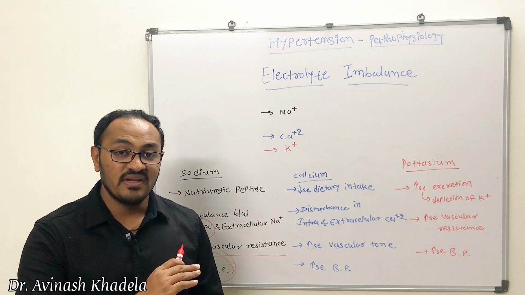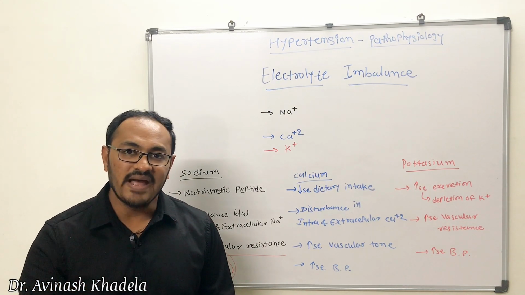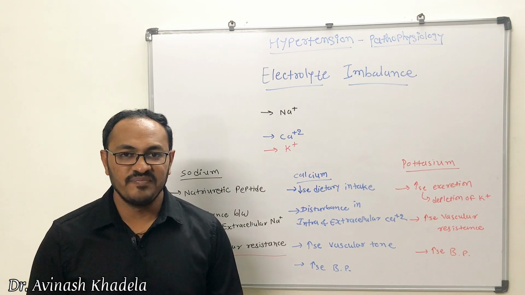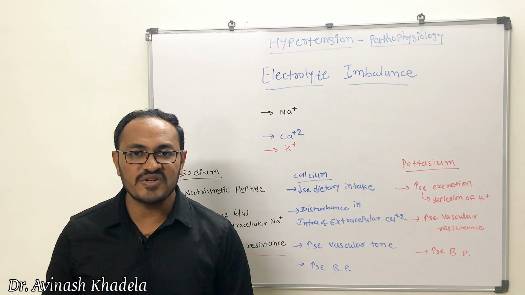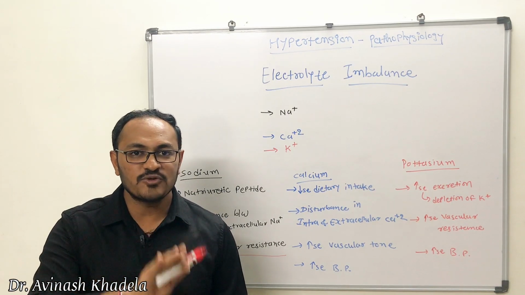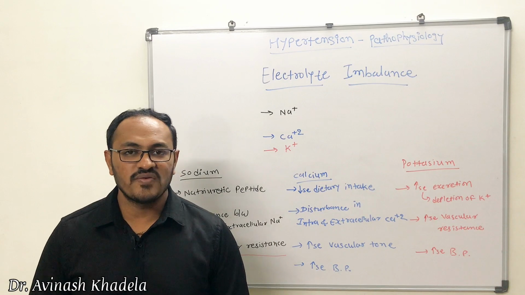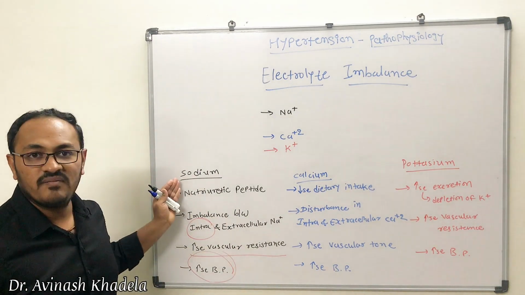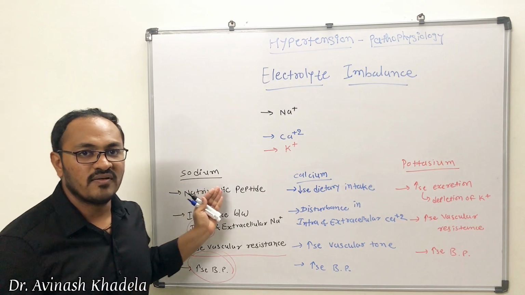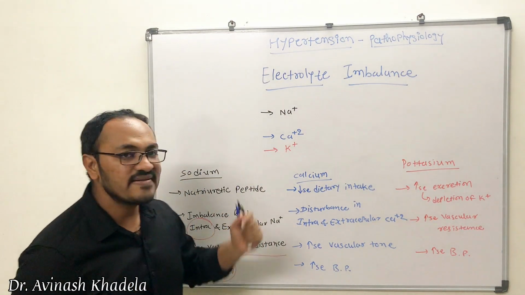Because of this, restriction of sodium in the diet is recommended by many cardiologists to control blood pressure. It does not reduce blood pressure significantly, but it reduces it at a minor level. For example, blood pressure goes down by 2 to 5 mmHg when a patient suffering from hypertension restricts sodium intake via diet.